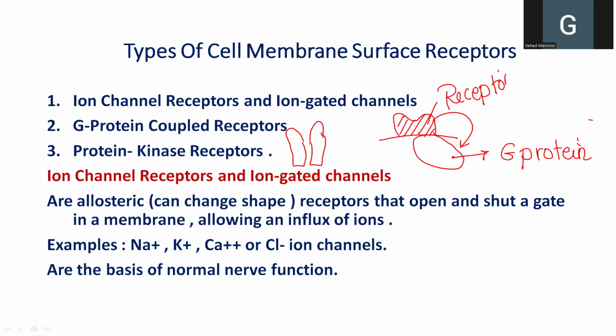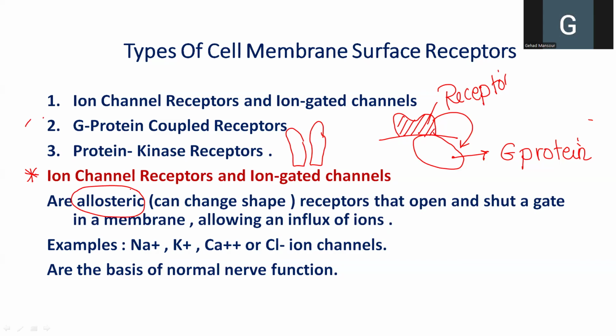The ion channel receptors and the ion-gated channels, we will first start by talking about them, and they are considered allosteric channels. When we say allosteric, we mean that they can change in shape.